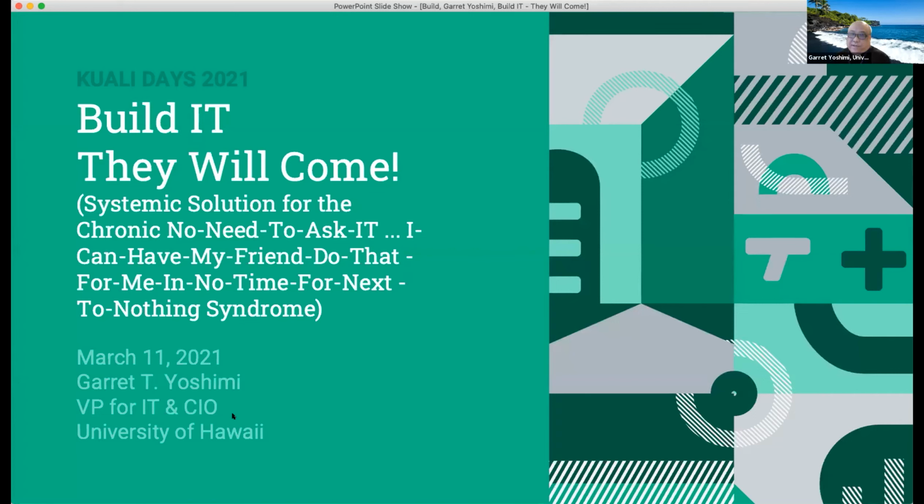My central organization, which is central IT for the system, represents about 40% of the headcount of IT specialists throughout the University of Hawaii system. The other 60% are located in individual campuses, in pockets, in small and large schools and colleges, some departments. So the rough head count is 200, 240 and change IT specialists that are not part of central IT.